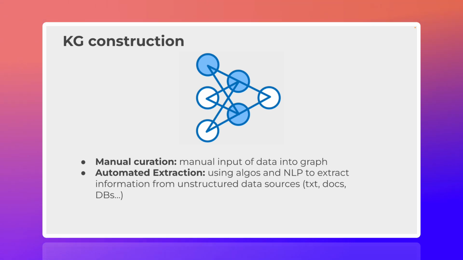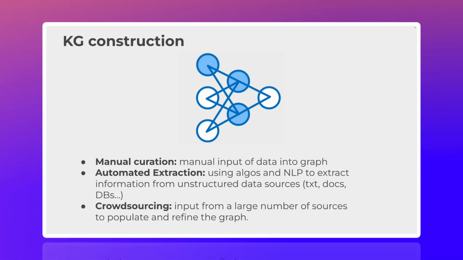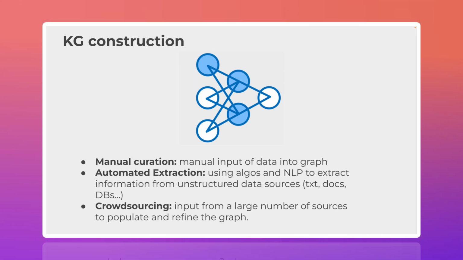You can also create some sort of automation, to extract data using different algorithms and natural language processing from unstructured data sources like text, documents, databases, and so forth, and aggregate all of that into a knowledge graph format. That is the approach that we're going to be using in this course. And we can also do some crowdsourcing, essentially getting input and data from a large number of sources all over the place to populate and refine the graph.